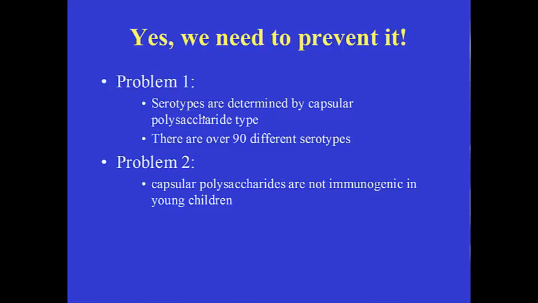So, there are so many different serotypes of pneumococcus. How do you make a vaccine that's going to cover the disease when there's so many different strains of bacteria that cause it? The other problem is that, like the Haemophilus influenza type B and the Neisseria meningitidis, these distinctive antigens on the surface are polysaccharides, or they're sugars, so they're not very immunogenic.